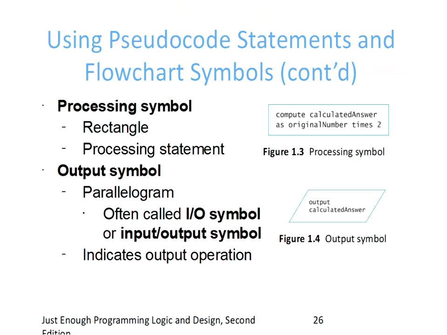But most languages do not allow spaces in variable names. So in this case, as somebody's writing compute calculated answer as original number times 2, in the pseudocode or in the flowchart, you're already writing the proper names for your variables. Okay, so that's going to be important to understand: you have to use the right variable names that later on you're going to be basically copy pasting into your code because you already named them properly.